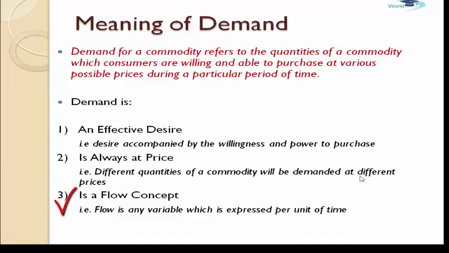That is, flow is any variable which is expressed per unit of time. We must always express demand as so much per period of time. For example, 200 cars per day or 1400 cars per week or 73,000 cars per year. Thus, demand does not refer to a single isolated purchase, but to a continuous flow of purchases.